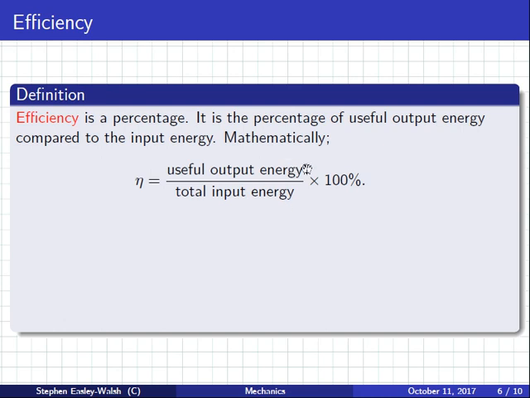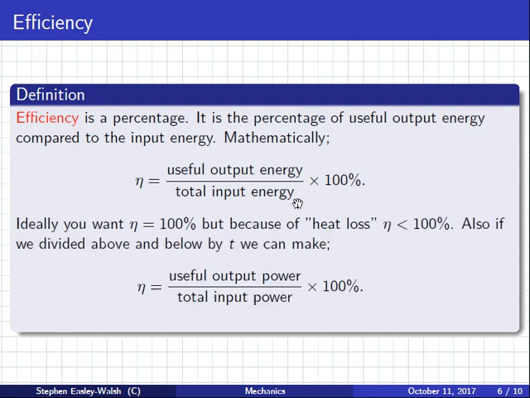So energy divided by time and energy divided by time. What would I get? Yeah, but what is energy or work divided by time? Power, yeah. So I could also write the formula like this: power out over power in. Gives me the same answer.